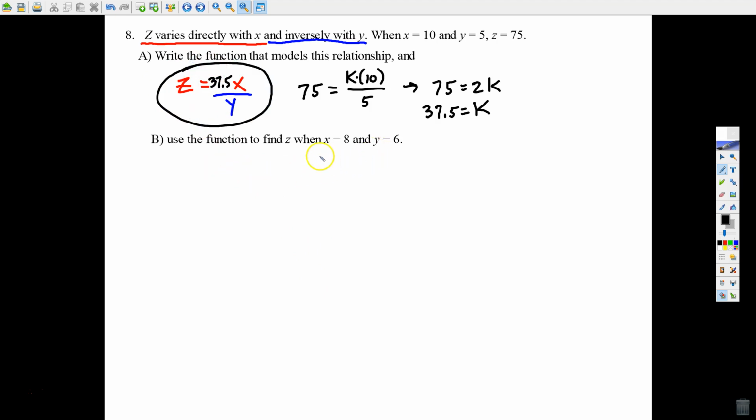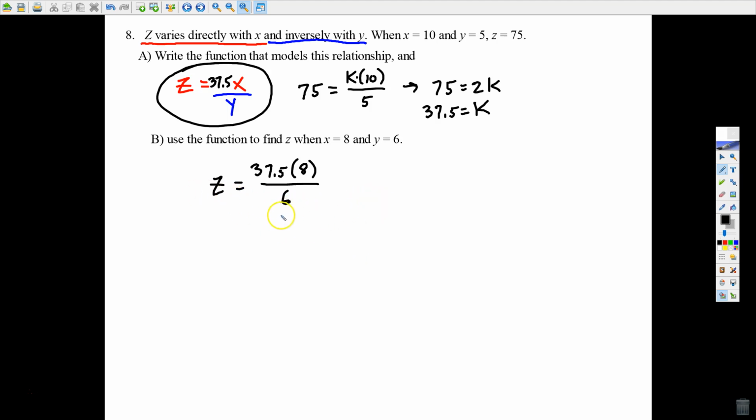Part B is, okay, let's take the function that we created in part A, and let's find out what Z is if we plug in these two numbers for X and Y. Okay, so Z is going to be 37.5 times 8 divided by 6. All right, and so you might want your calculator for this one.